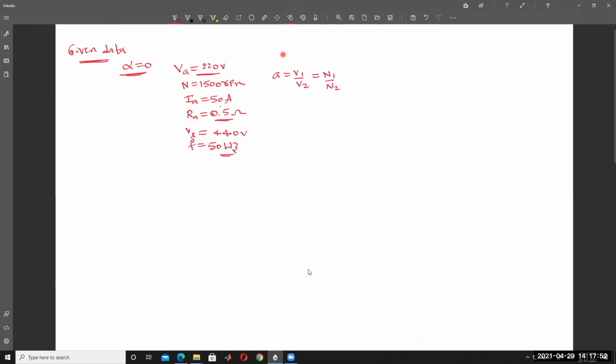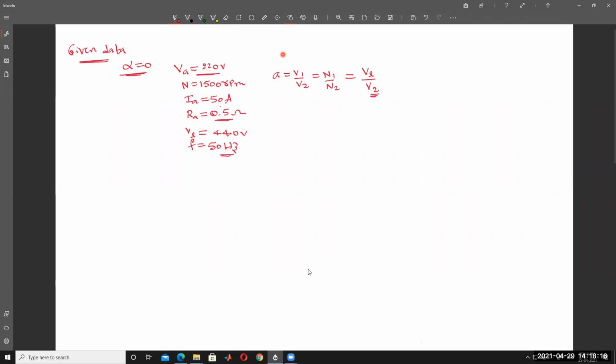So V1 is the line voltage VL, divided by V2. How do we find this V2?